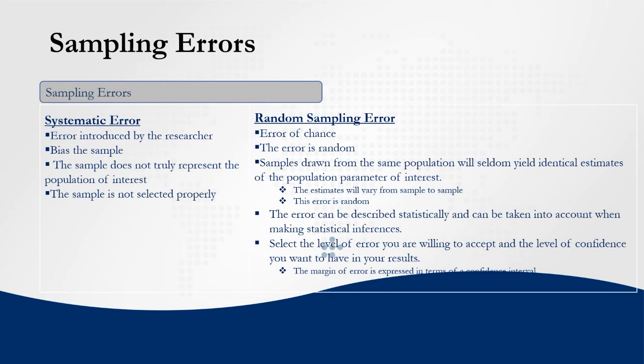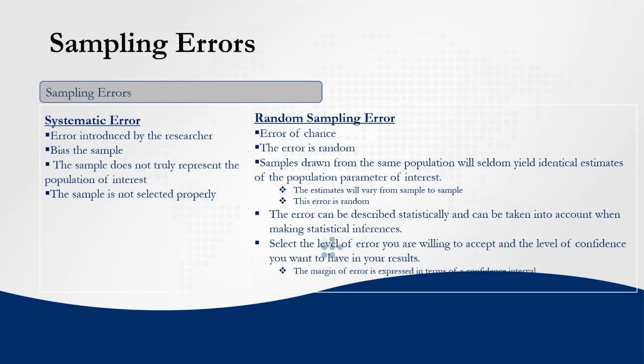You don't really have control over that, because when people respond, it's their choice whether to participate in your study or not. So mostly the sample will not truly represent the population of interest. And the sample sometimes is not selected properly, because as I say, sometimes you do have an opportunity to use a probability sampling scheme, but you go for the easier one.